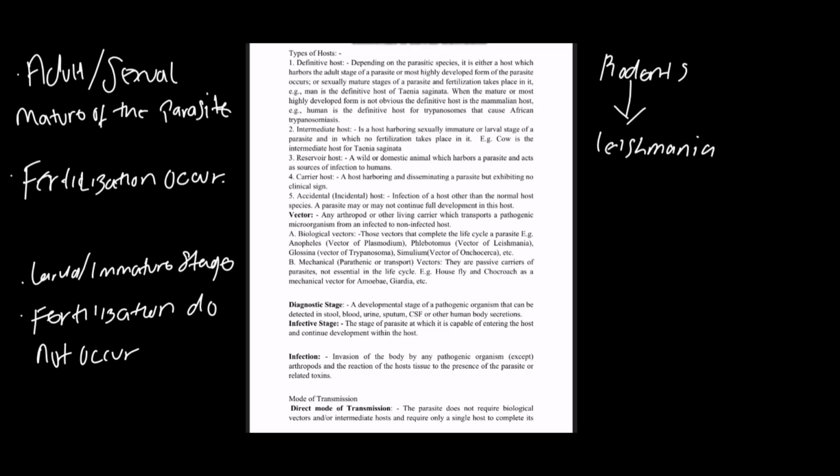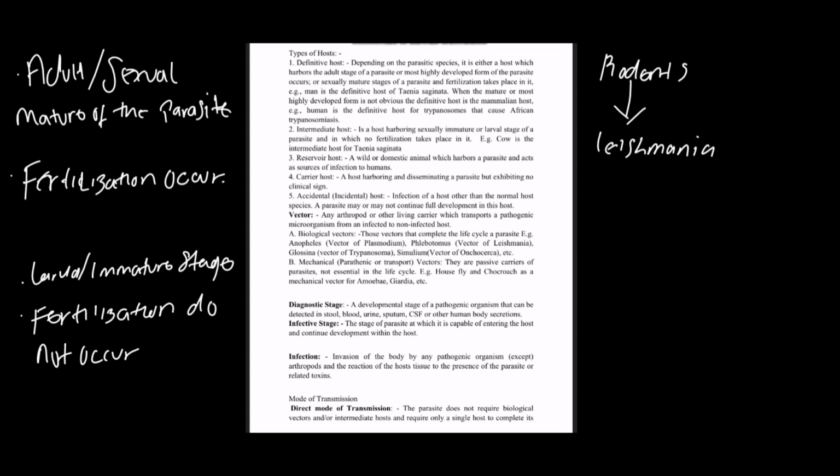Leishmania is a parasite responsible for causing leishmaniasis. Leishmaniasis is a parasitic infection that affects different parts of the body, including the skin, leading to skin ulcers, and the internal organs, which is life threatening and fatal. It also affects the mucous membrane.